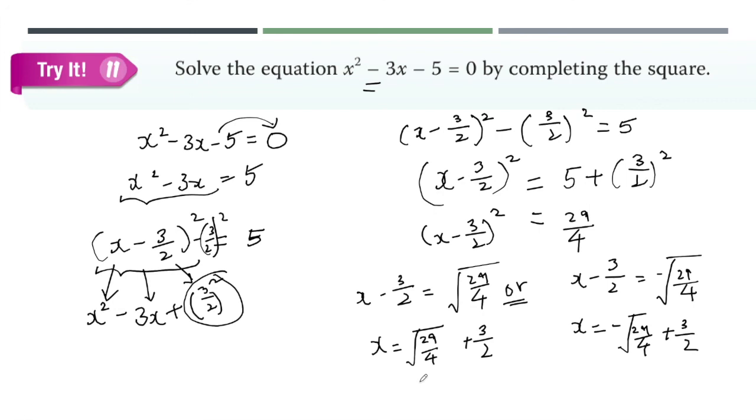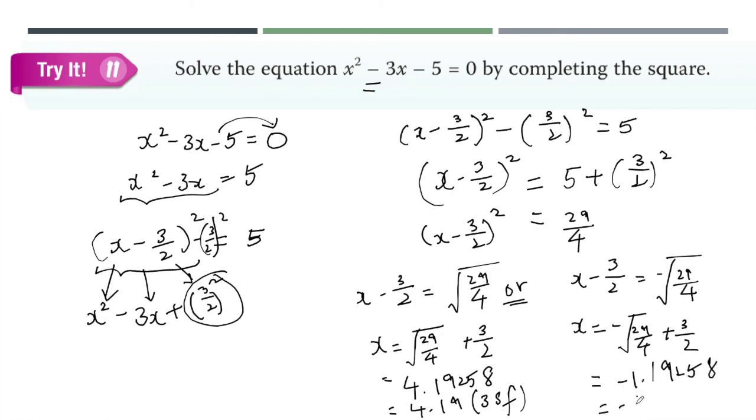So you can use your calculator to simplify. Root 29 over 4 plus 3 over 2 equals 4.19258, which is equal to 4.193 to 3 significant figures, or negative 1.19258, which is equal to negative 1.193 to 3 significant figures.